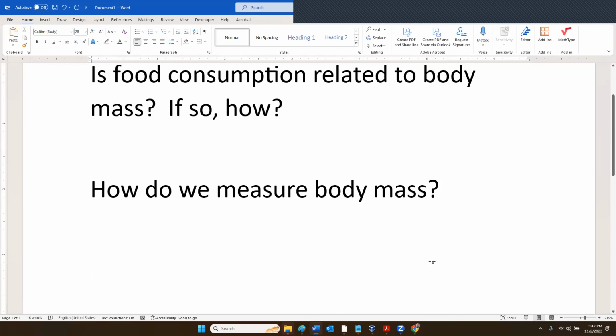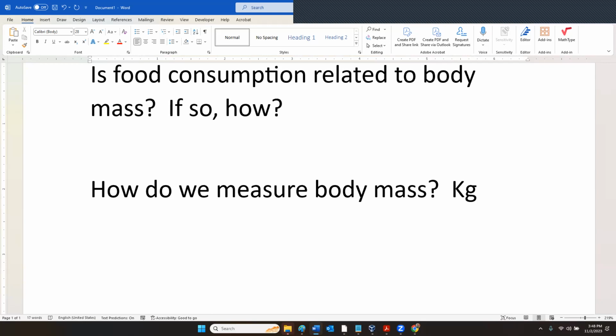What's the common unit of measure for mass? Not weight, mass. Kilograms in the metric system. Yes, kilograms in the metric system. Thank you. Okay. So it's kilograms, right? kgs.